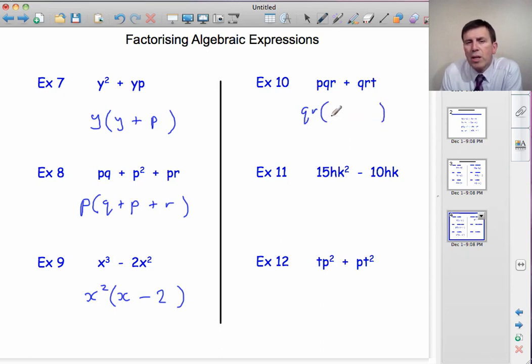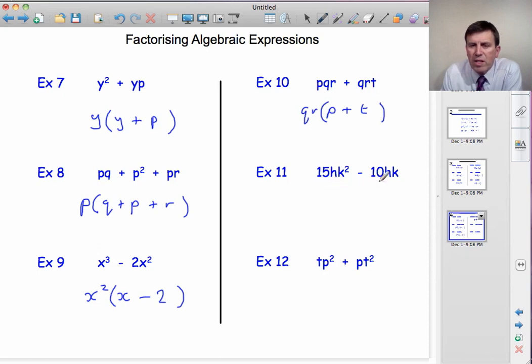What do I need to multiply qr by to get pqr? Answer, p. Plus, what do I multiply qr by to get qrt? t. And that's the complete factorisation. Both the common factors have come to the front, and I've rebuilt it with the bracket p plus t.